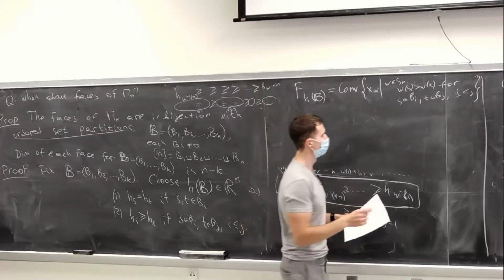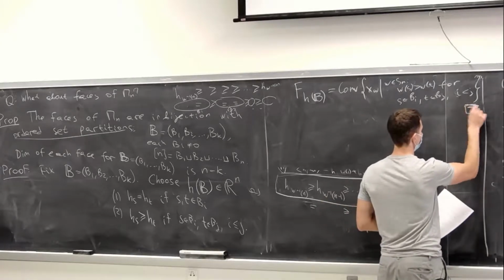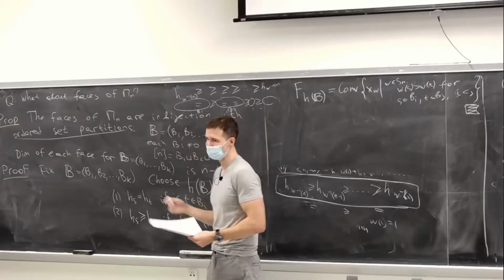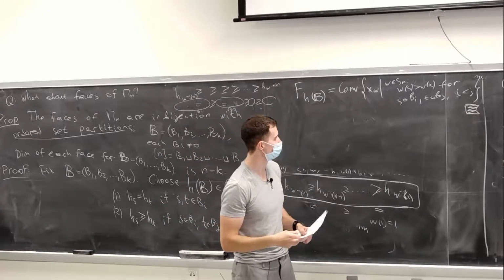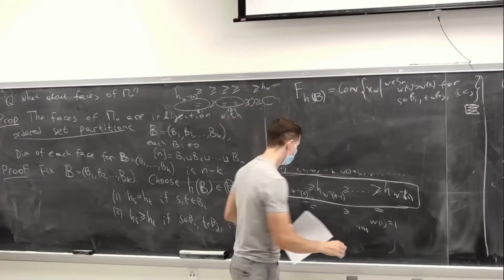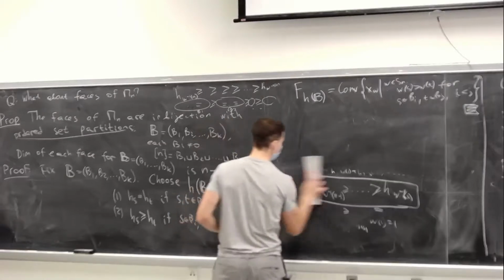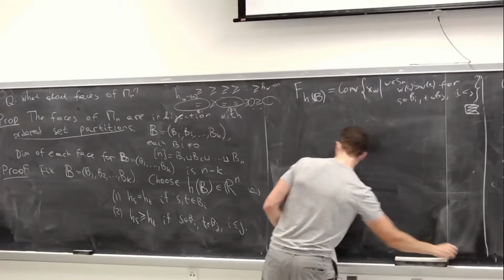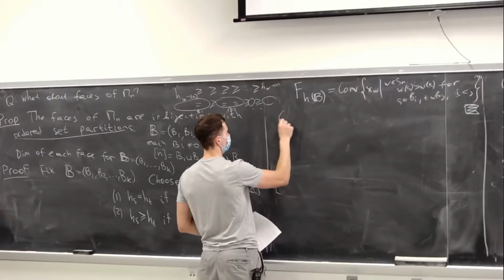And that's basically it. I just wanted to give you an explicit description, because it's one thing to say that phases are in bijection with partitions. It's a whole other thing to actually describe these bijections explicitly. And so in particular, now we can compute the f vector.